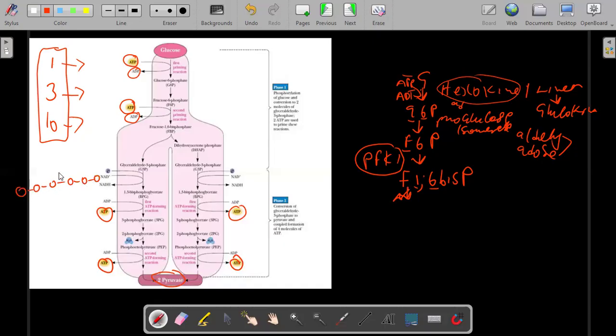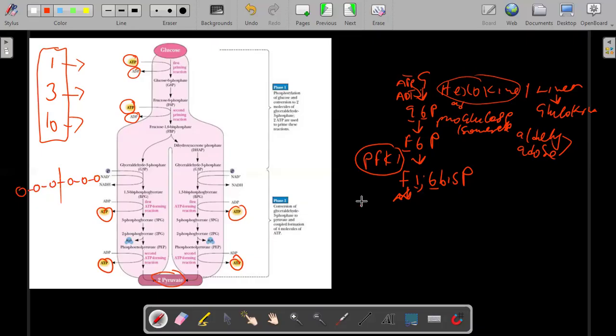What we are going to do there is cut it. When we cut, we end up having 2 molecules, and these 2 molecules are going to have phosphate groups in them. One of them is going to be an aldehyde, and the other one is going to be a ketose sugar.